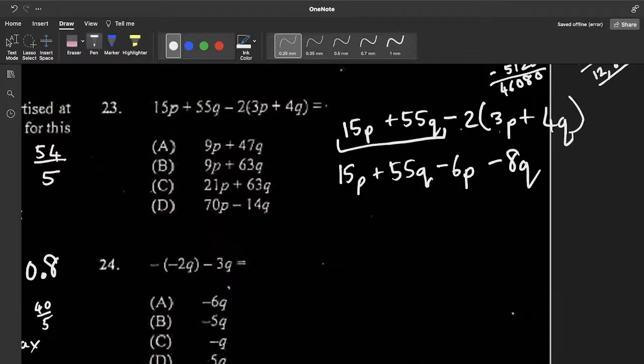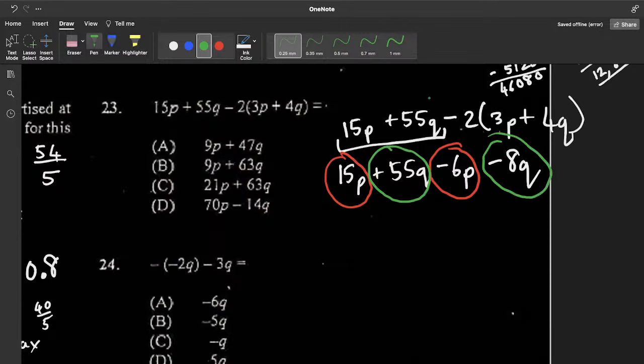Now what we need to do is group the like terms. So always remember your signs. Okay, maybe if I keep the p's in one color and the q's in the next color. So if you look at this, this is how we swap with the signs. So if we have 15p, we bring this sign with it, so minus 6p.